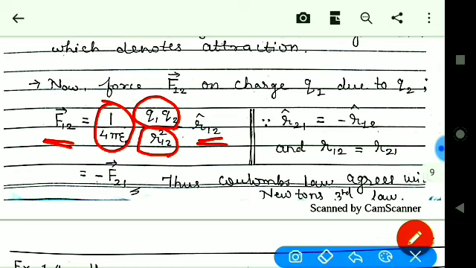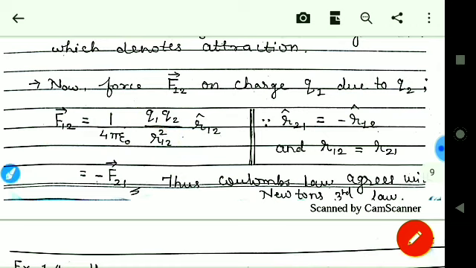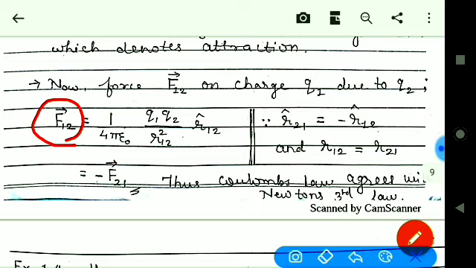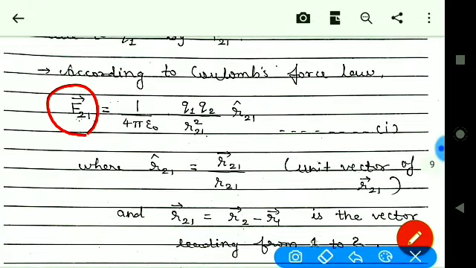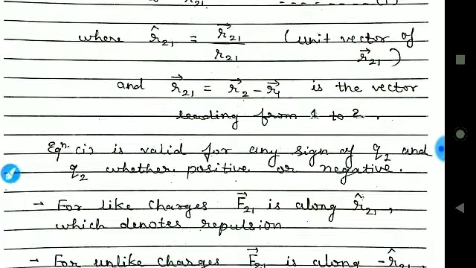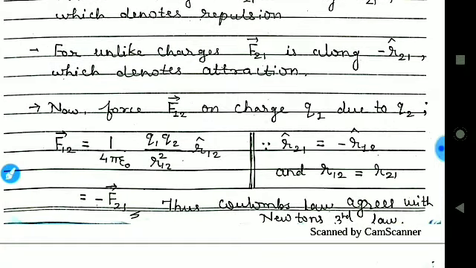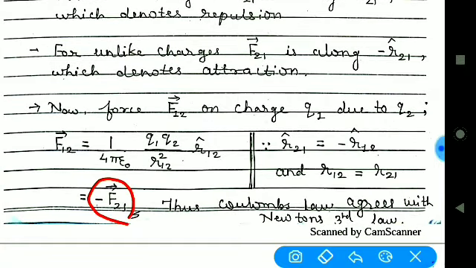So finally, if we compare these two equations, that is force on 1 by 2 and force on 2 by 1, we can find that the two forces are opposite of each other.